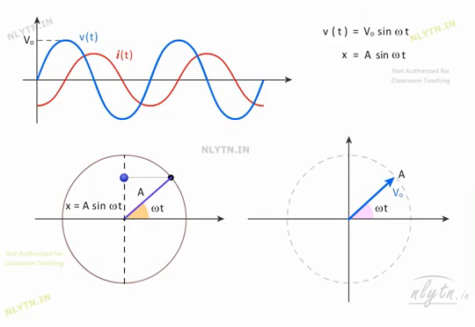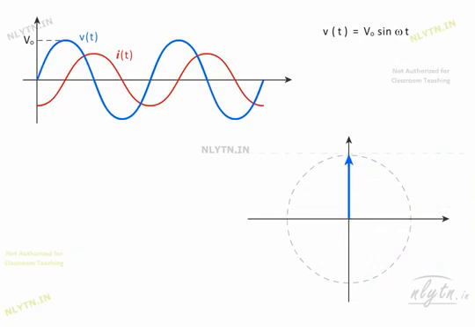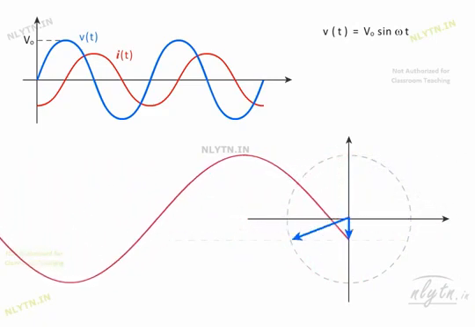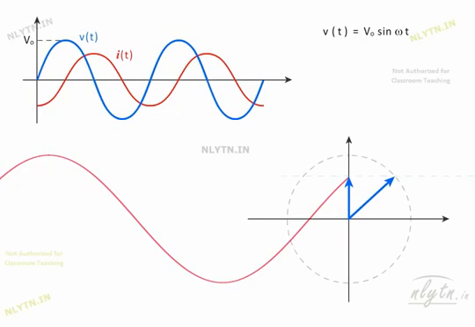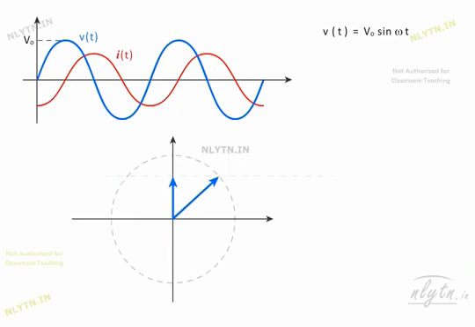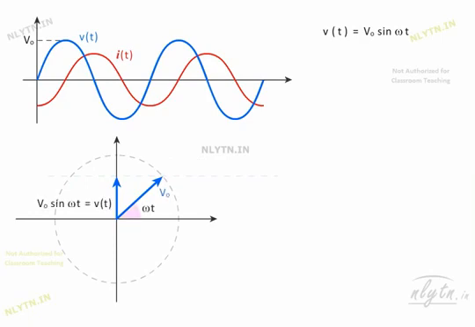Similarly, we can represent alternating voltages as the projection of a vector rotating anticlockwise about origin. This is called a phasor diagram.